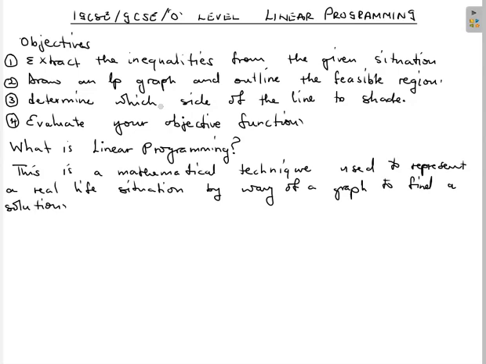Now there's something that I just said, the feasible region. I'll just illustrate that by way of a diagram. I'm assuming that at this stage all of us have seen something that resembles a diagram of linear programming.